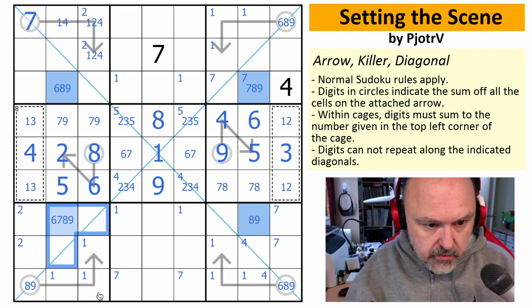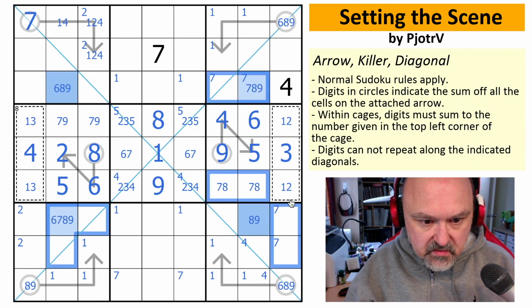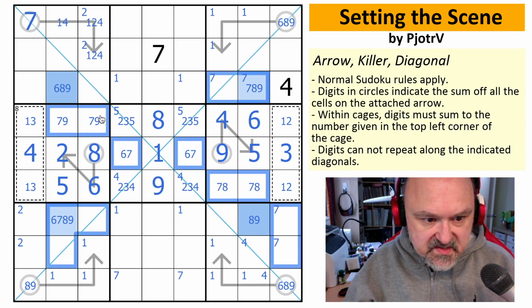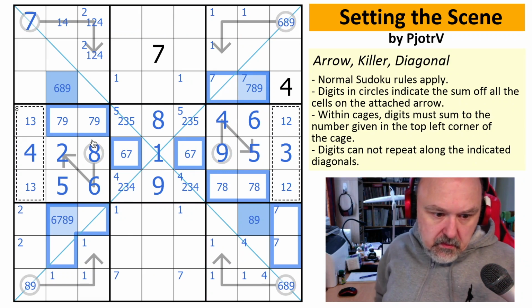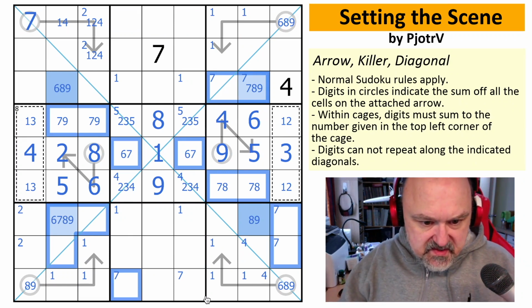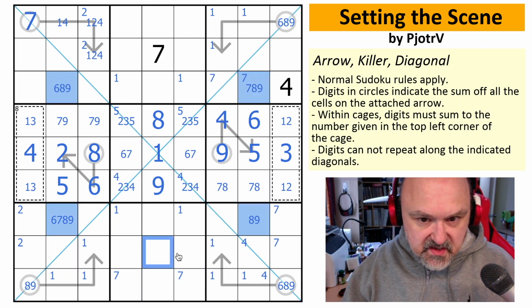It can't be on the arrow. Yeah, I'm not sure that's it. One of these has to be 6.